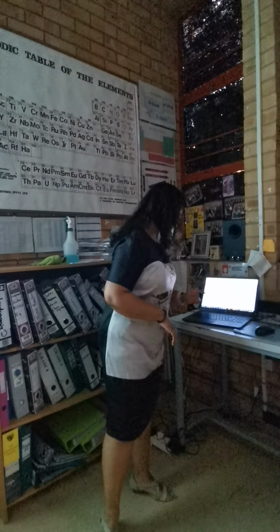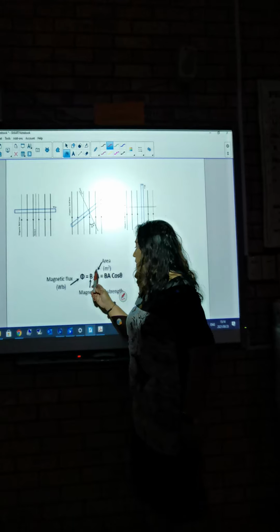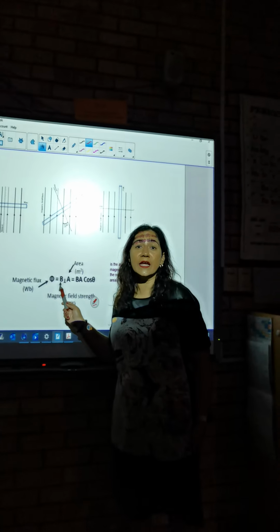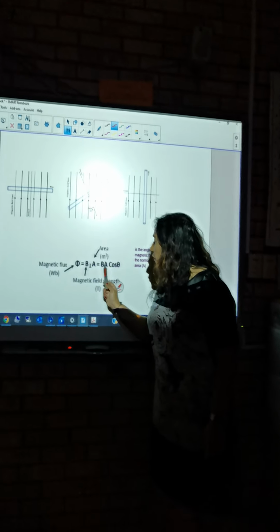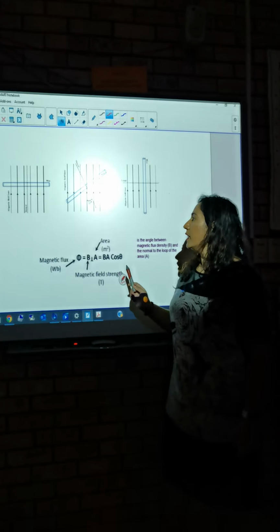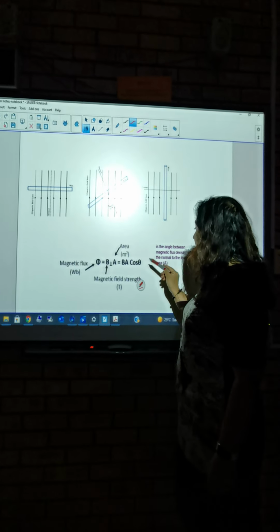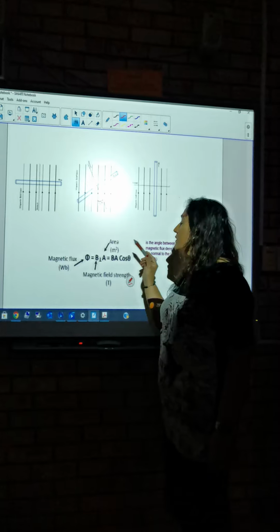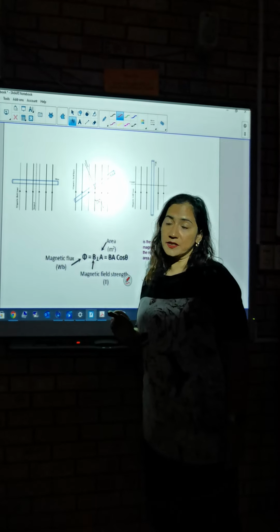If I look at the next thing now, we're going to break down flux into this equation where B stands for magnetic field and A for area, and then we're going to break this further down into the cos of the angle. Okay, so what is this angle? This angle is between the magnetic field lines and the normal of the conductor.